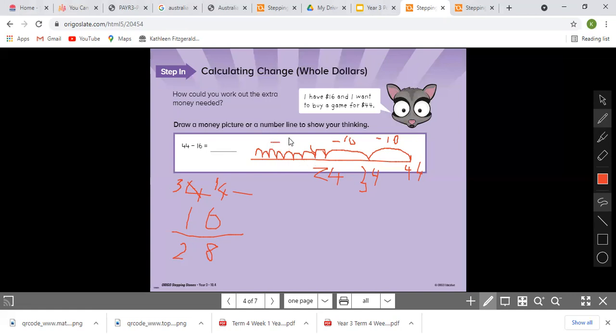So we've got a total number of jumps of 10, 10 and 8. So the answer again is 28. Okay, so that's what, draw a money picture. So you could use the dollars or a number line to show your thinking, and that's using the number line. Or you can use the vertical algorithm if you are comfortable with that.